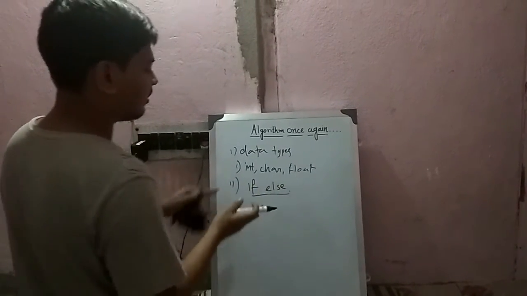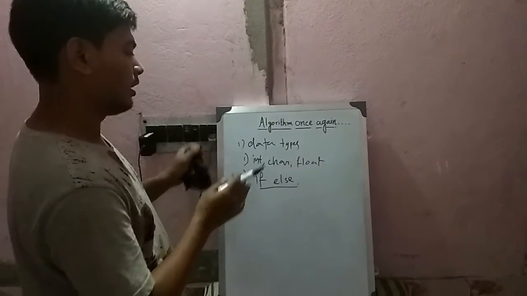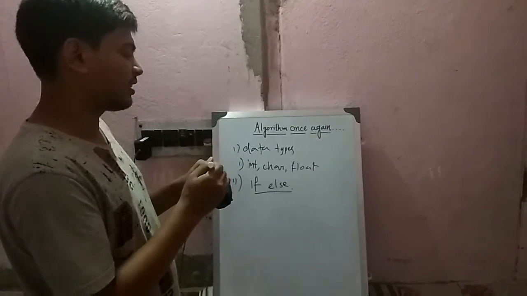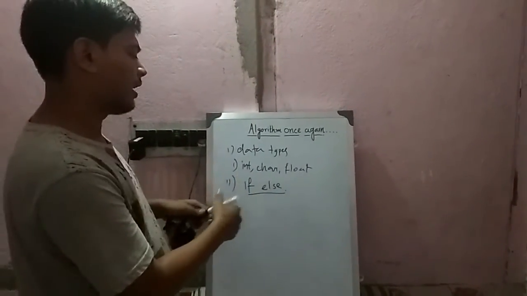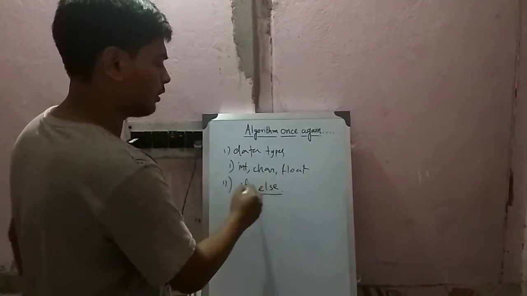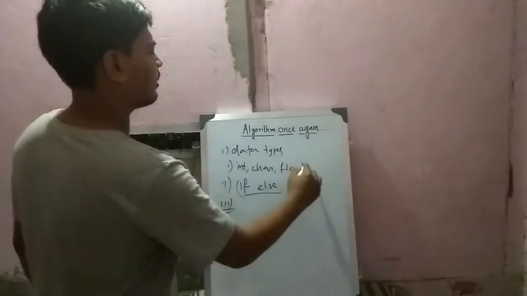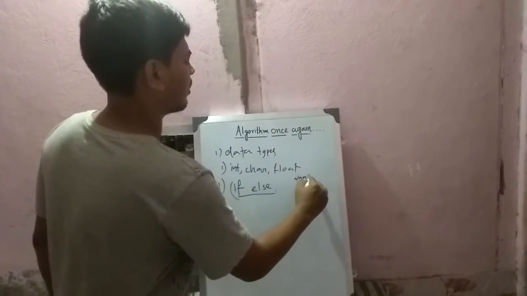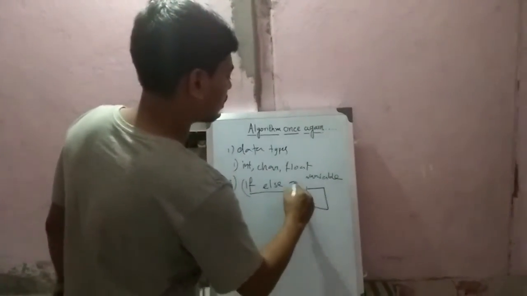Let's talk about some conditional statements like if, else. This makes your program a decision maker. If you have to make a decision in the middle of the code, you will have to use the if and else block. Then there is a variable. So what is a variable? Variable is a container where we store the data.